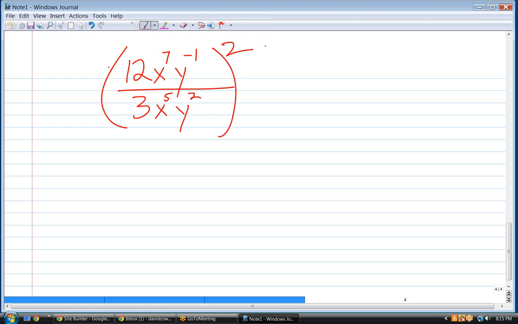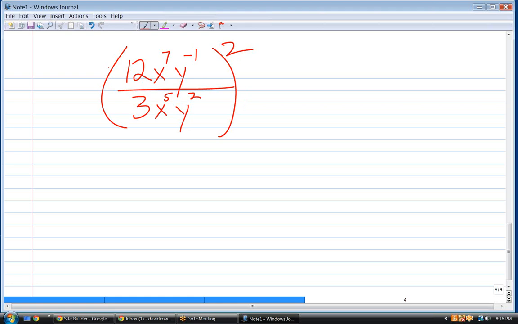So now we have the exponentiation part. Because these are being taken to exponents, and then we're taking the whole thing to a further exponent, that is exponentiation.